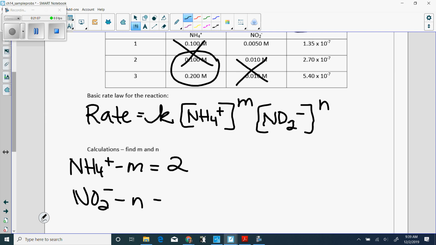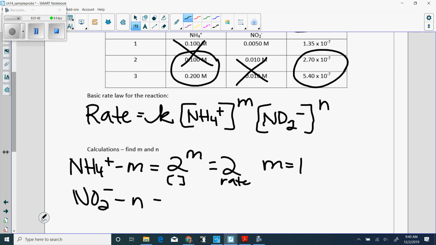It went from 0.1 to 0.2. That's called doubling. 2 to the monkey equals what happened to my rate. 2.7 to 5.4 is also double. This was my concentration. This was my rate. I doubled my concentration, did not change this one, it's a constant, and my rate got twice as fast. So that's a relationship of 2 to the monkey equals 2, so monkey, my exponent must be 1.